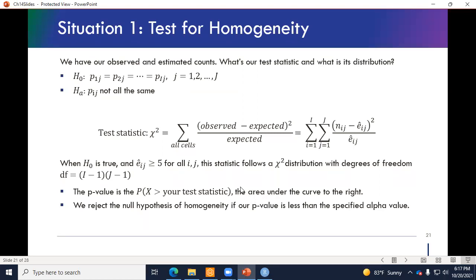You just do pchisq and specify lower tail being false, which gives you the area under the curve to the right. Again, if the p-value is less than alpha, you reject the null hypothesis in favor of the alternative.